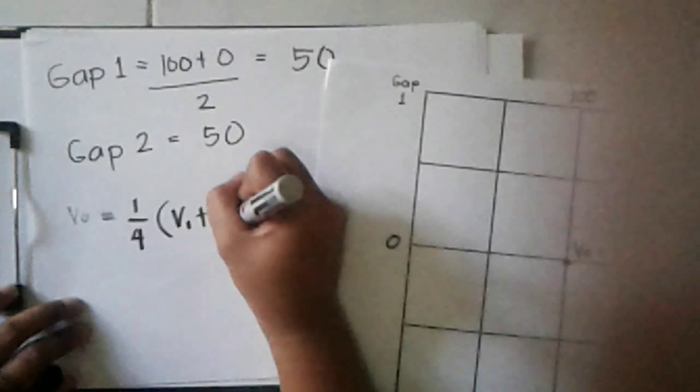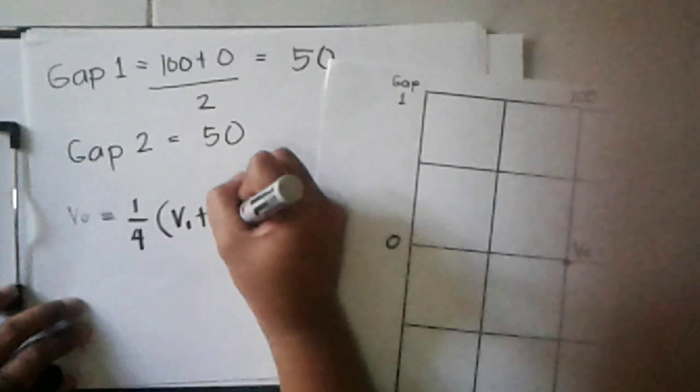So, let us now compute the value of VB at this point. In order to compute the value of VB, we shall use the value of VA, V0, this value, and 100 volts. As you can notice, we are using the potentials that surround the point that we are finding.